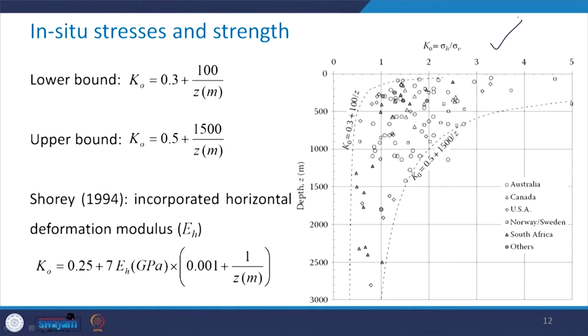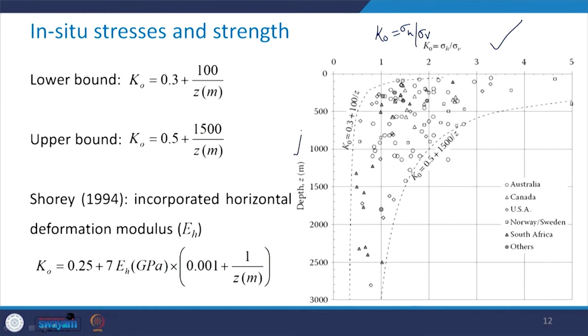So, in order to get an idea about the in situ stresses, let us take a look at this figure, where the data from various countries with respect to K naught, which is sigma H upon sigma V, has been presented along with the depth.